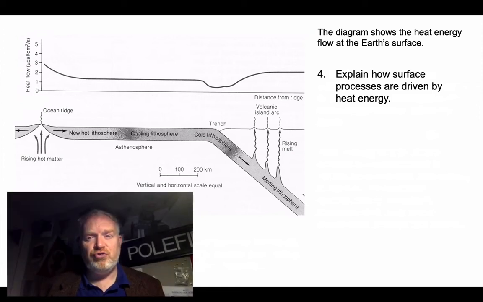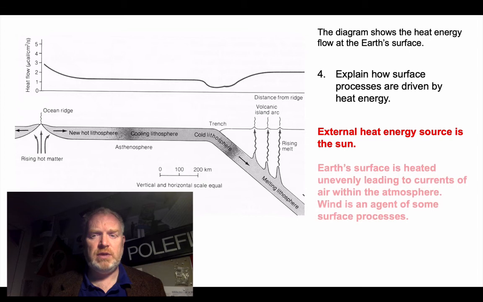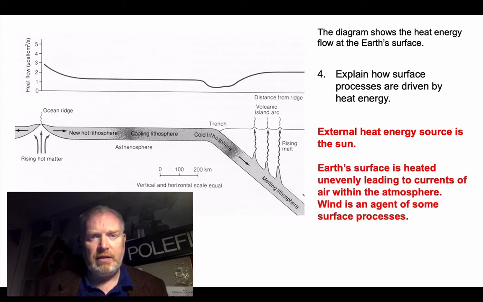Geological processes are driven by heat, with only a few exceptions. We know we have an external source of heat energy in the sun that heats up the Earth's atmosphere unequally, some places more than others. We get, as a result, a pressure gradient and movement of wind, movement of air.